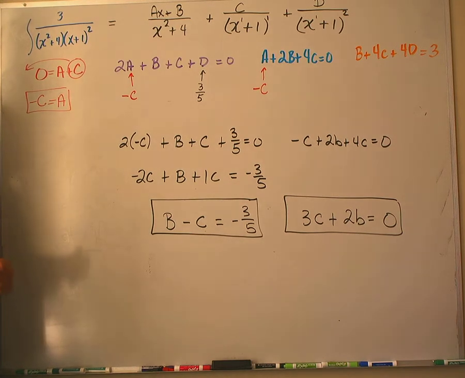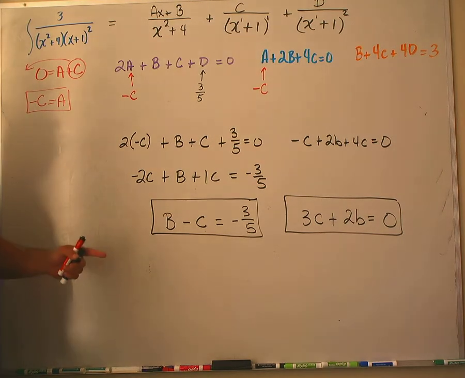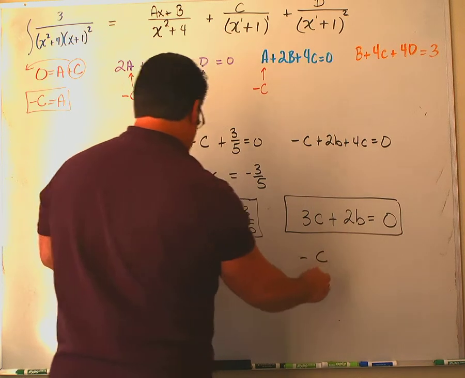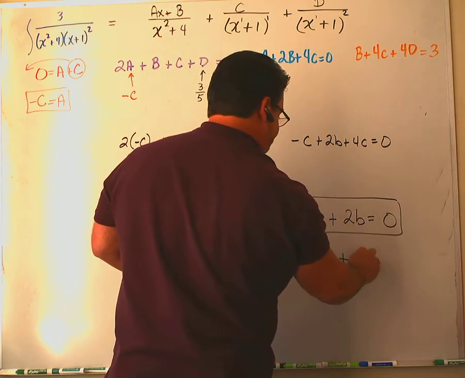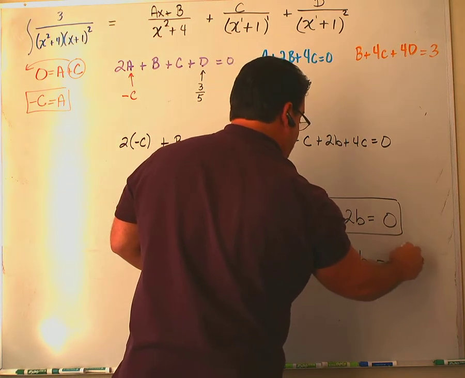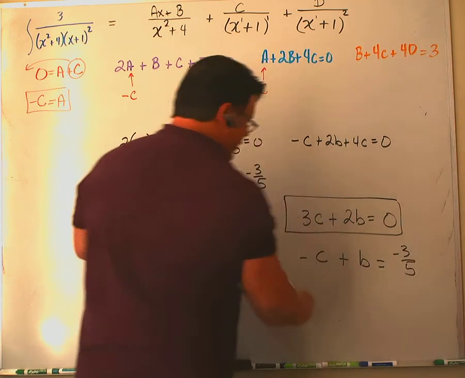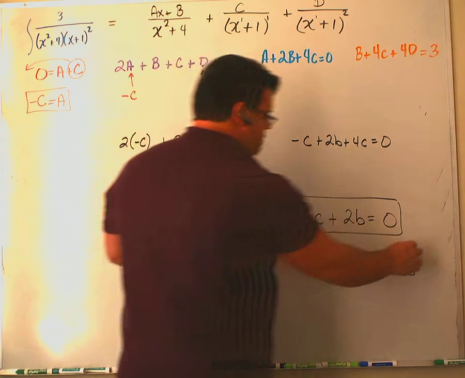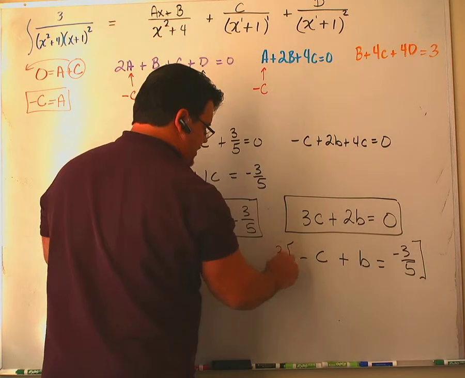We can use elimination and find out what our answers are. I will probably get rid of C. I'll probably multiply through by 3. So let me turn this around and put it over here. Negative C plus B is equal to negative 3/5. And I've already got a negative and a positive, so I'm just going to multiply this bottom by 3.